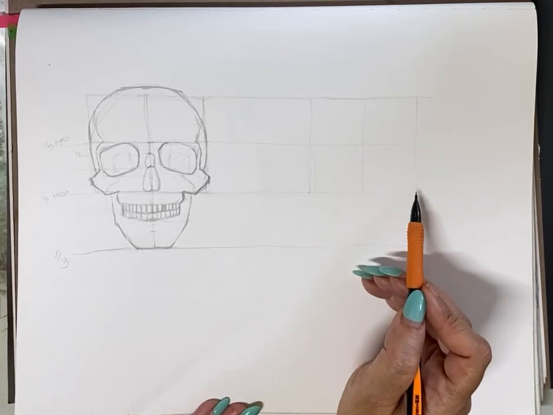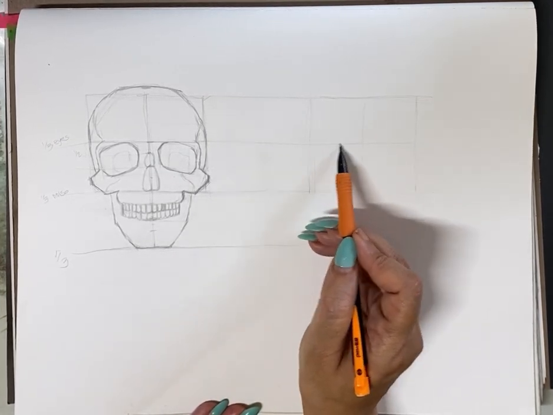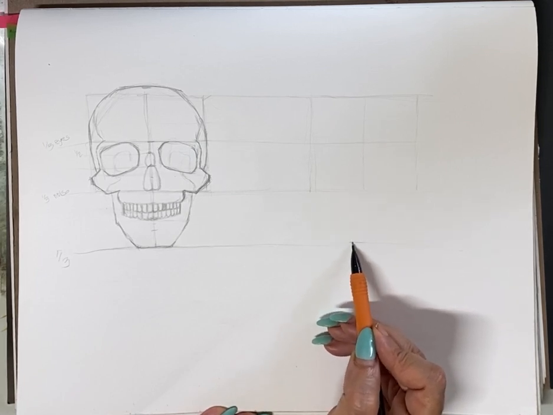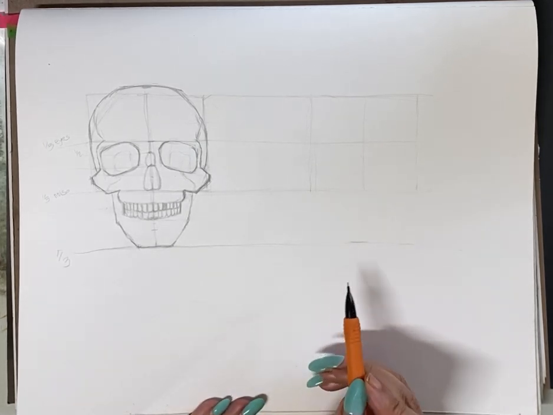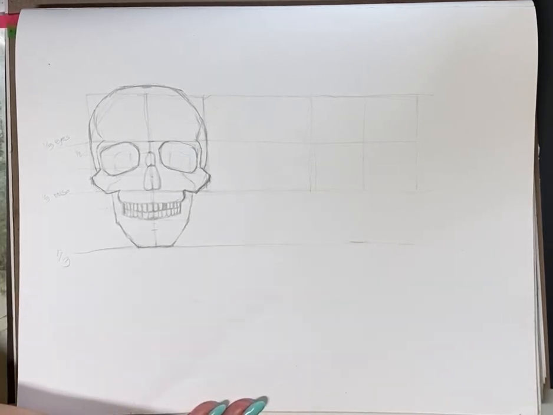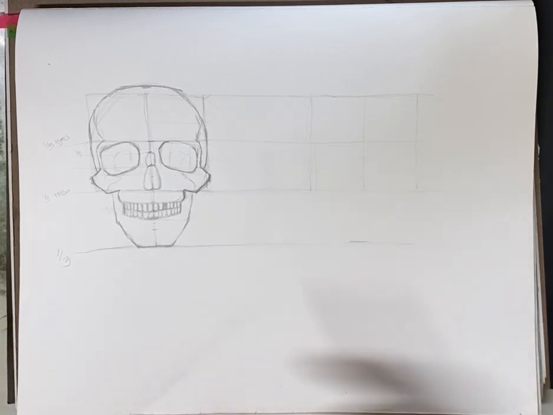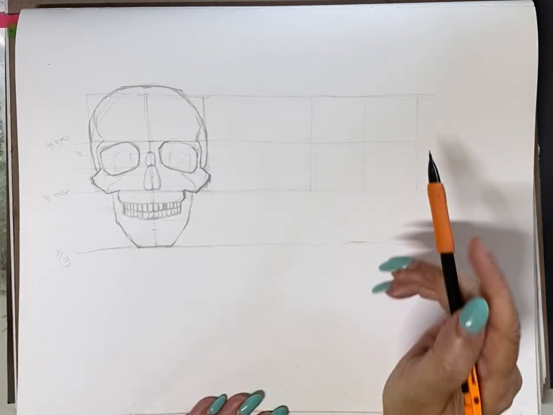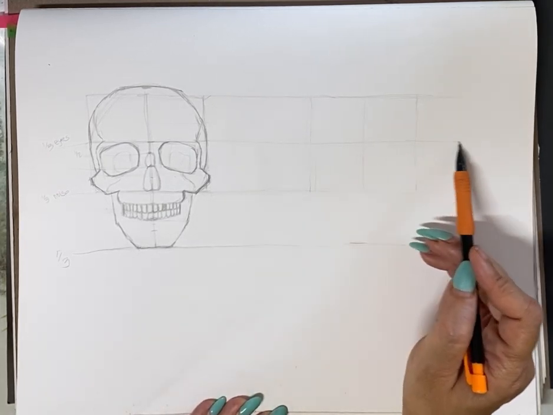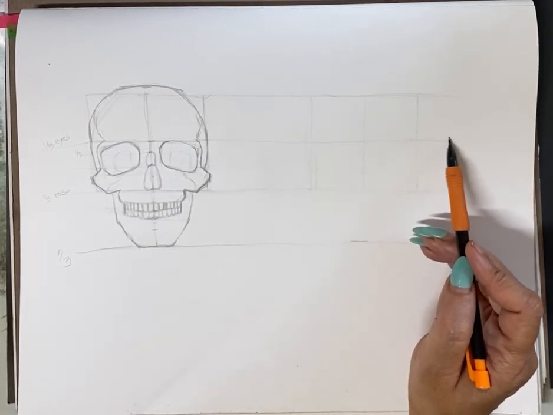Just make it half, or make the smallest square from here, and this is the part where we have the chin. So now the important part is that the proportion changes completely when we are looking at the side of the skull.